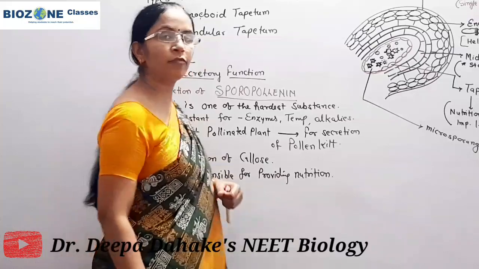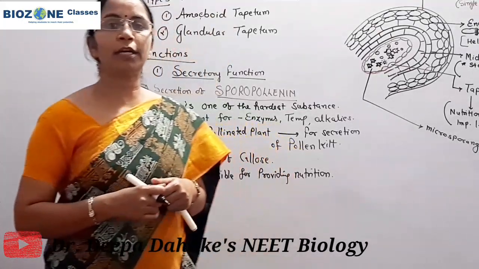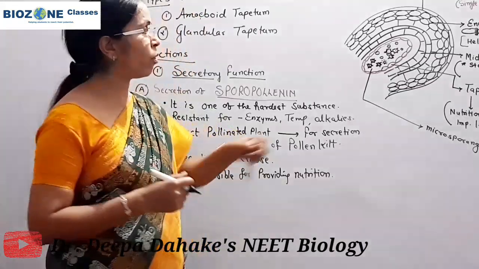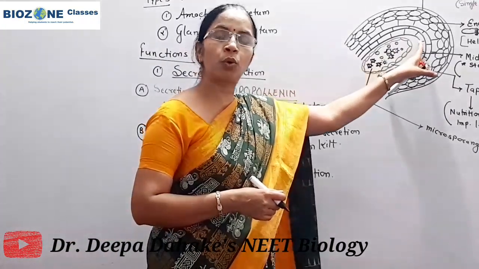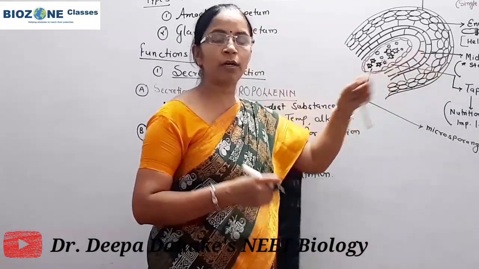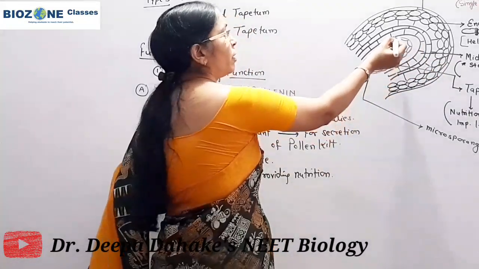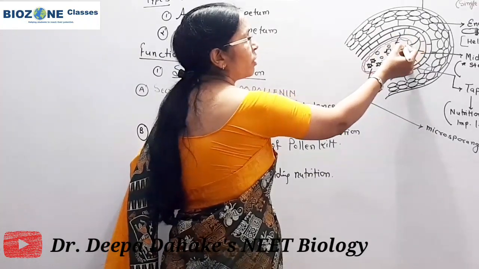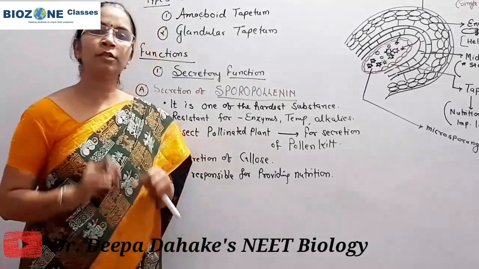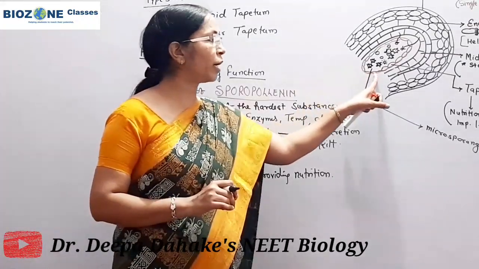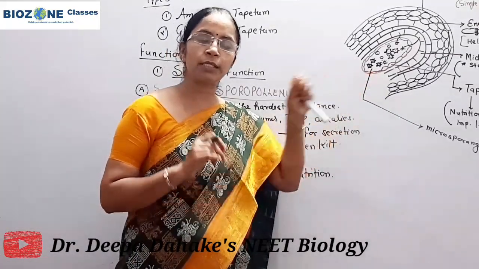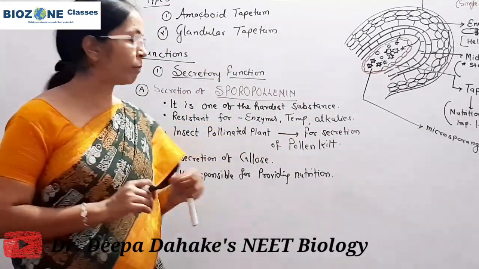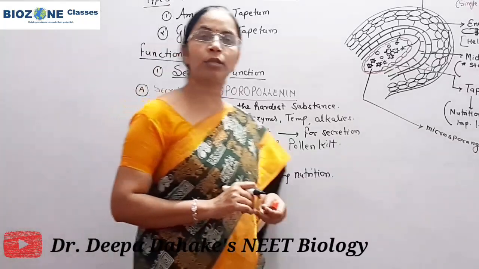For the nourishment of the developing microspore, the tapetum plays a significant role, because the nutrients are stored in the middle layer of the anther wall, and whatever nutrients are transported towards the developing microspore are transported via the tapetum. These are some of the important functions of the tapetum, which you remember whenever you study the anther wall.